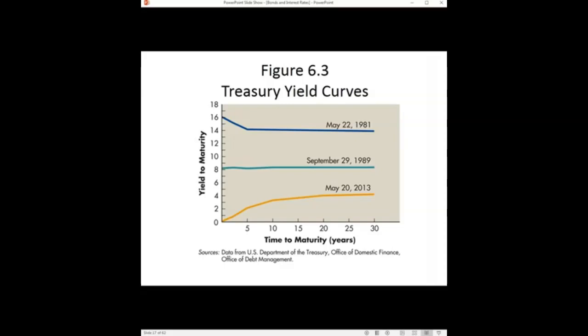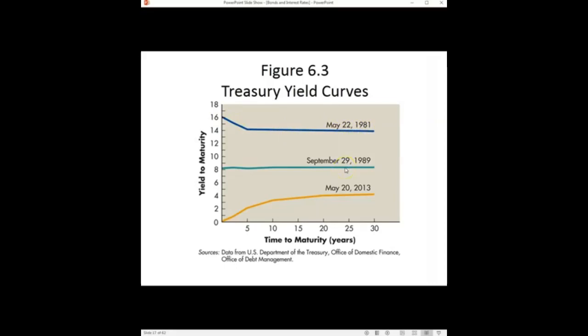Also, when we go into a recession, the Federal Reserve typically tries to cut interest rates to try to spur investment. So a downward sloping yield curve like we see here is very often, not always, an indication that long-term rates are expected to fall in the future.